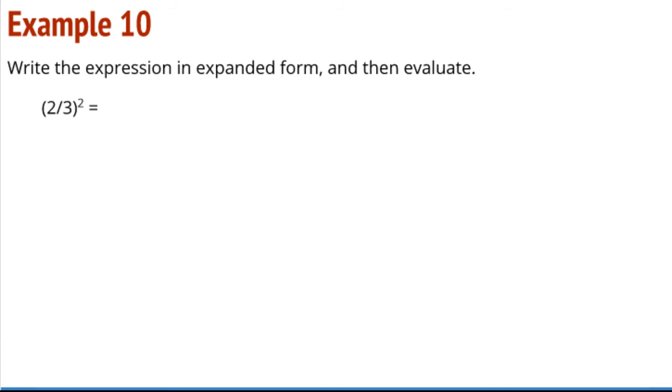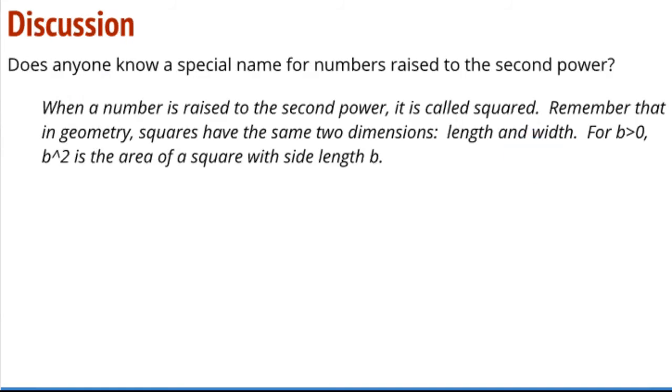So here we have an expression, and we're supposed to write it in expanded form and then find the value. So 2/3 times 2/3. Notice we're raised to the second power here, which would give us 4/9. So special name for numbers raised to the second power. Well, when we raise numbers to the second power, we call that squaring. So in geometry, squares have the same 2 dimensions.